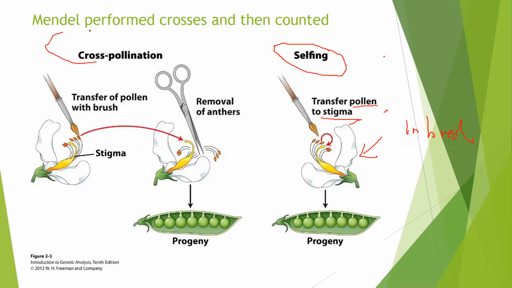Another experiment is called cross-pollination, which means the fertilization is done between two different plants. First, we have to remove the anthers from one flower to avoid selfing. Then we transfer the pollen from another flower to this plant to complete the cross-pollination.